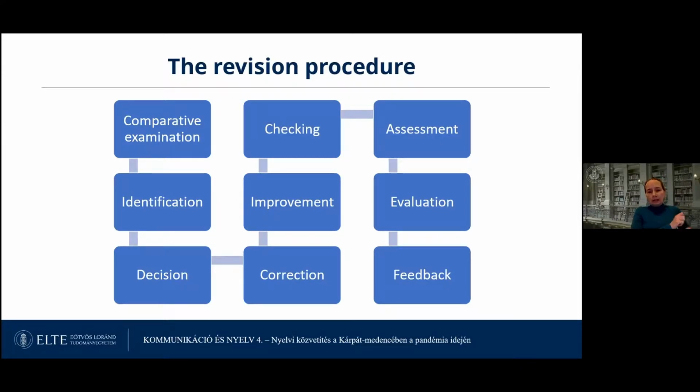And if this is done, then proper assessment of the translated text can be done. The evaluation of the translator's work can be done, and through the conscious decisions of the reviser and the justifiable revision or modifications, feedback can be given to the translator.